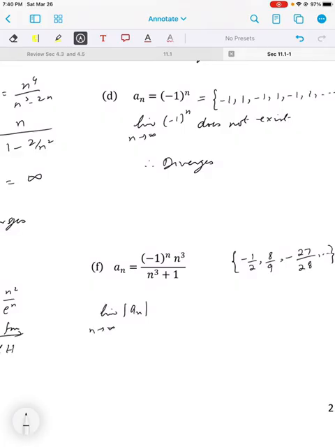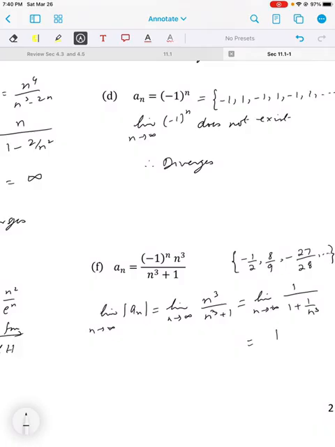It actually lets us consume the negative sign. So now we are basically looking at just n cubed over n cubed plus 1. What is happening now when we try to find this will give us that the limit is 1 like before, because we will divide by n cubed. So limit is 1.